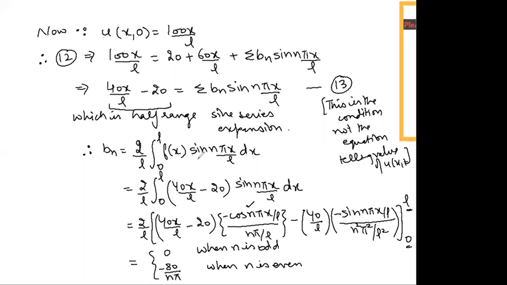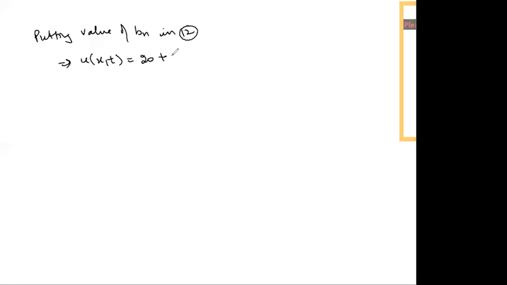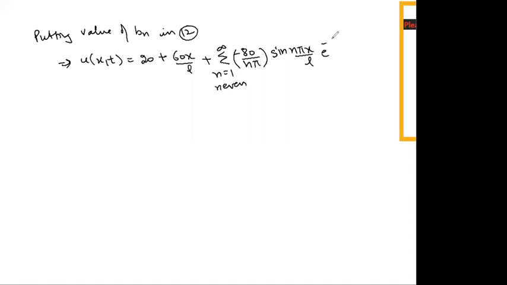And now putting this value of Bn in equation number 12, this implies U(x,t) equals 20 plus 60x by L plus summation of Bn, where Bn is minus 80 upon n pi, n varying from 1 to infinity, for n even, into sin(n pi x by L) into e to the power minus c square n square pi square t by L square.